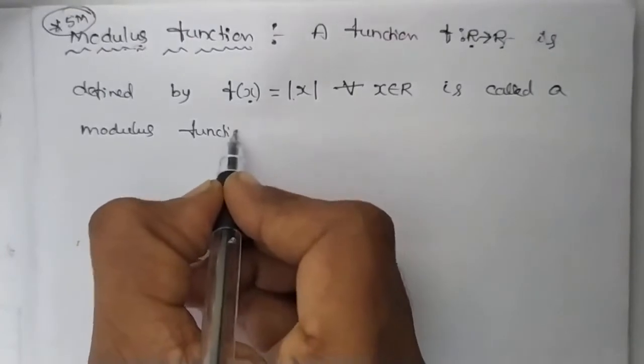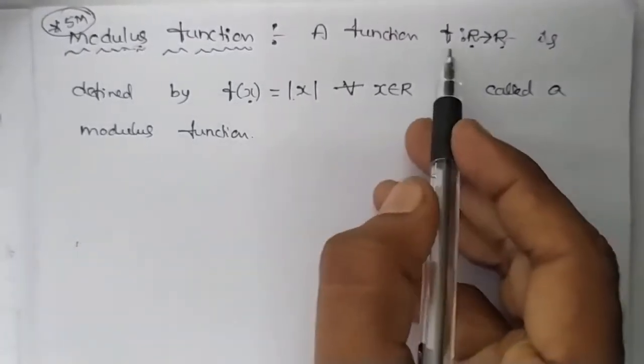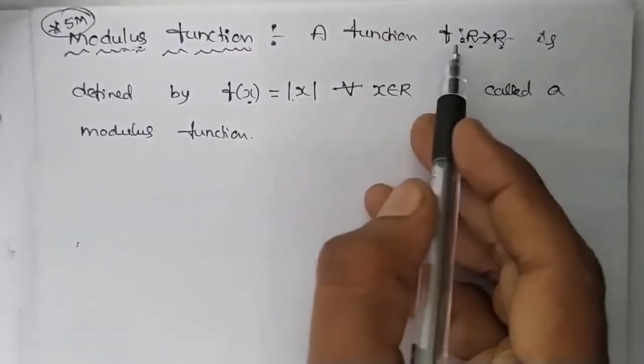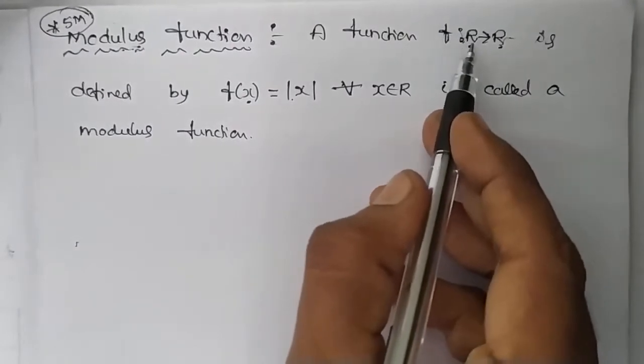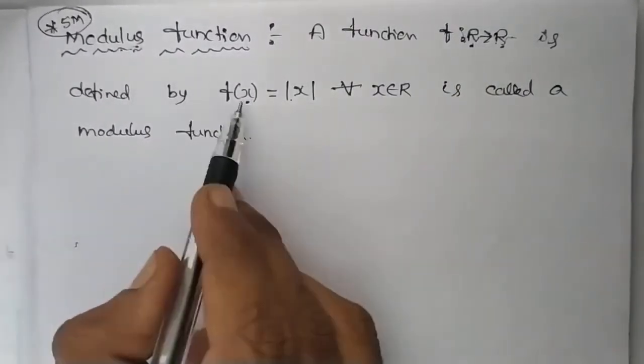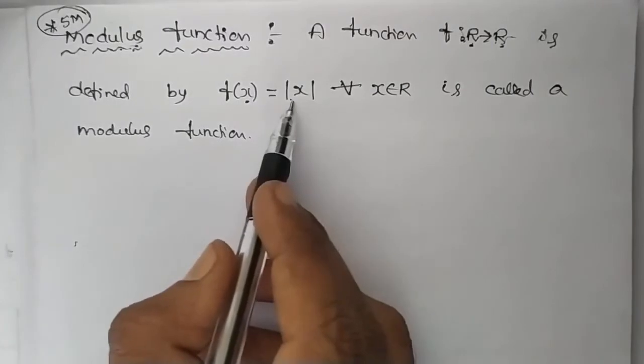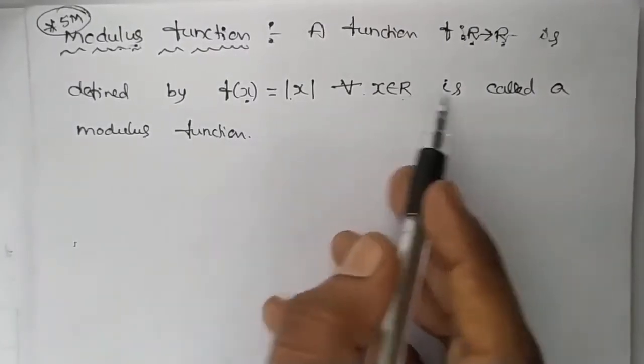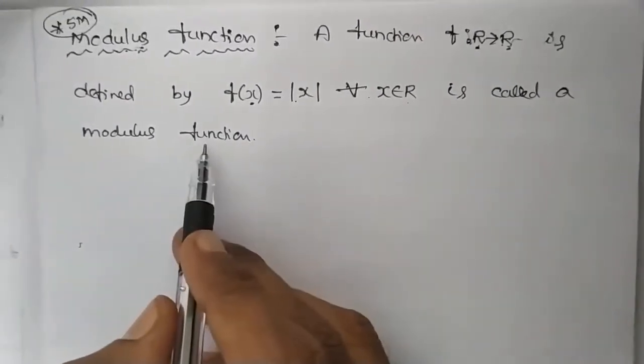It is the definition for this modulus function: a function f from real numbers to real numbers defined by f of x equals modulus x for all x belongs to R is called a modulus function.